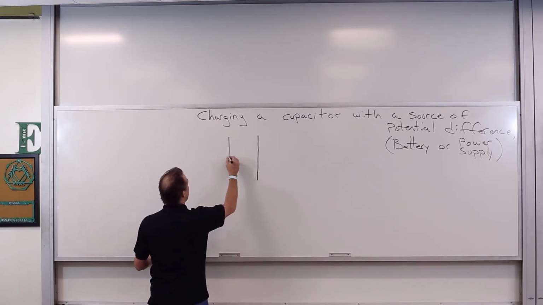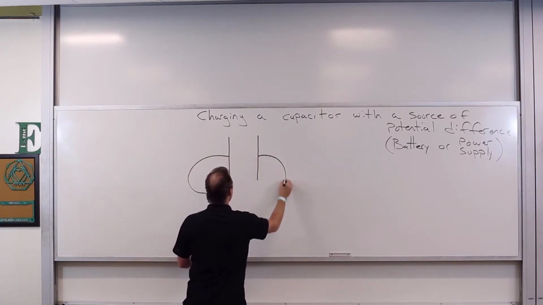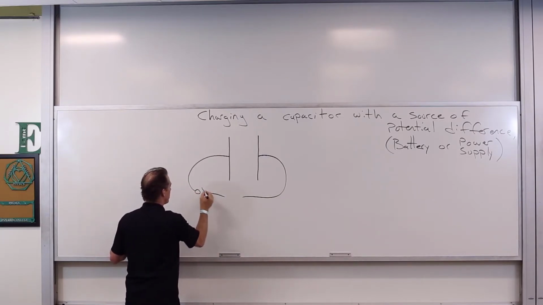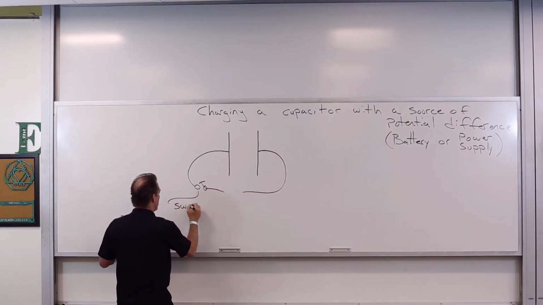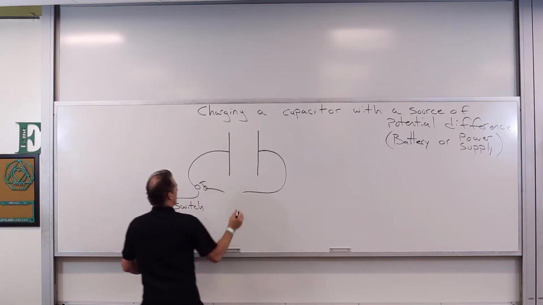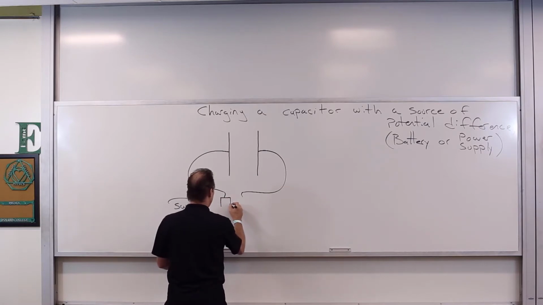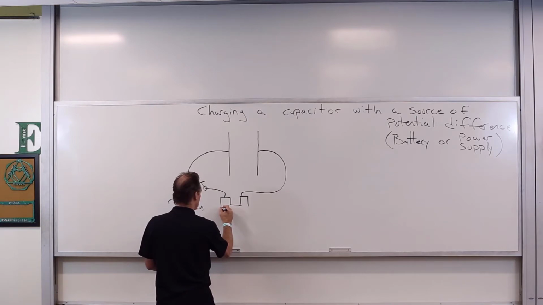So I'm going to go ahead and connect these plates. I'm going to put in a little switch, actually. So this is a switch. And I'm going to connect these to a battery. This battery can have a positive terminal and a negative terminal.